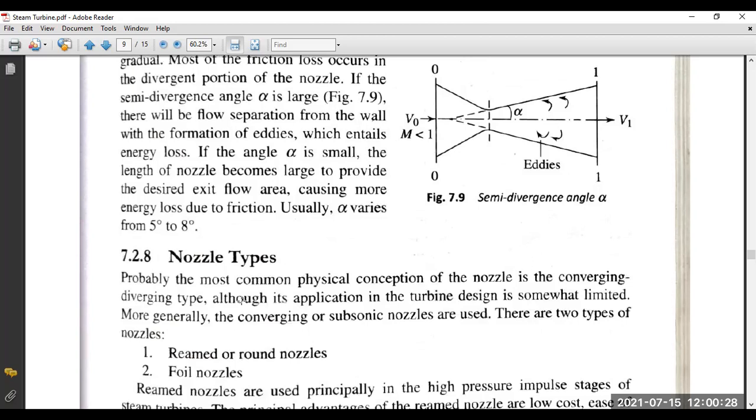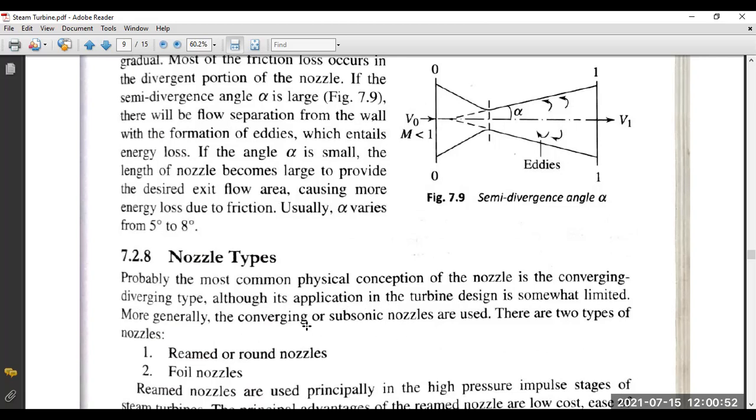Next, what are the different types of nozzle available, or what do we use here? Probably the most common physical conception of the nozzle is the converging-diverging type, although its application in the turbine drive is somewhat limited. More generally, the convergent or divergent nozzles are used.